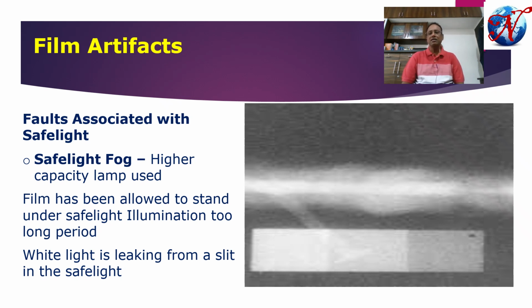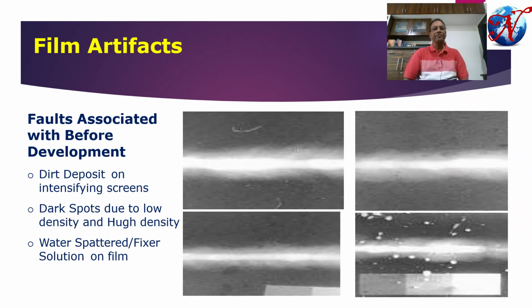But if there is some leakage in the red light containing light holders, and in the presence of red light, other light like part of the white light is present there, then there is a possibility of leakage of the other lights, and that safe light fog can be generated in your radiographic film. The same black dotty appearance in the form of fogginess can appear. The white light is leaking from the slit into the safe light. This is the cause for your safe light fog.